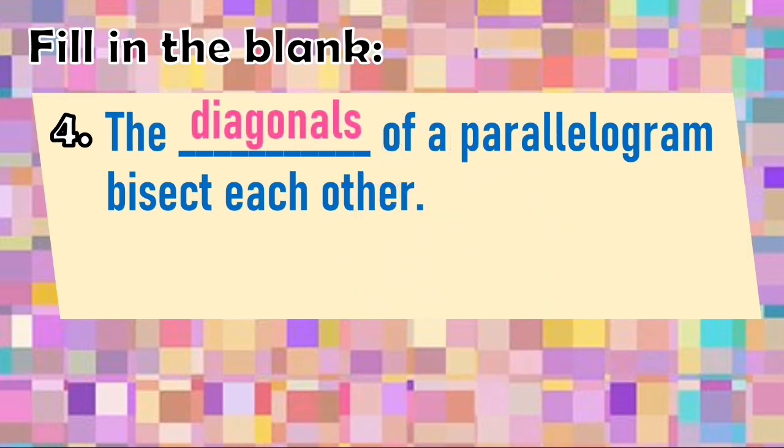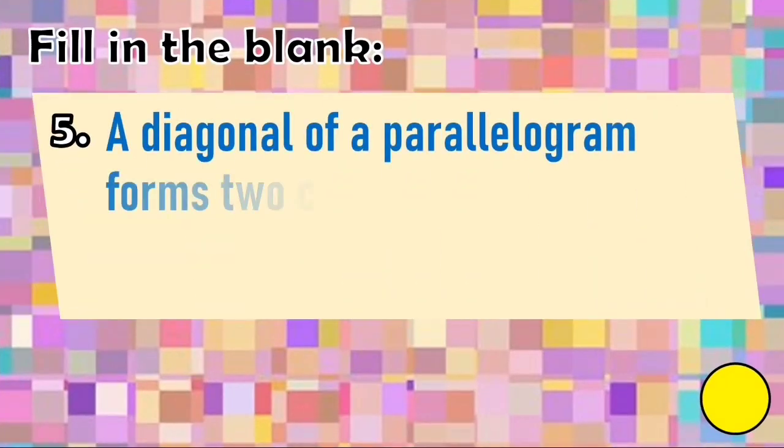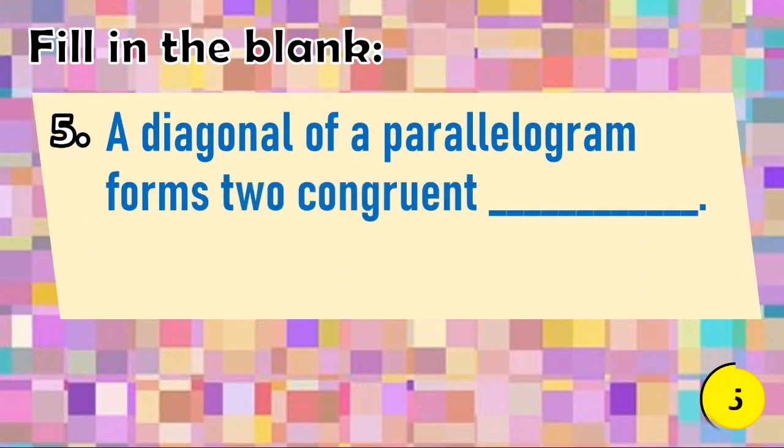That's correct, diagonals. And last, number 5. A diagonal of a parallelogram forms two congruent blank. Perfect. The answer is triangles.